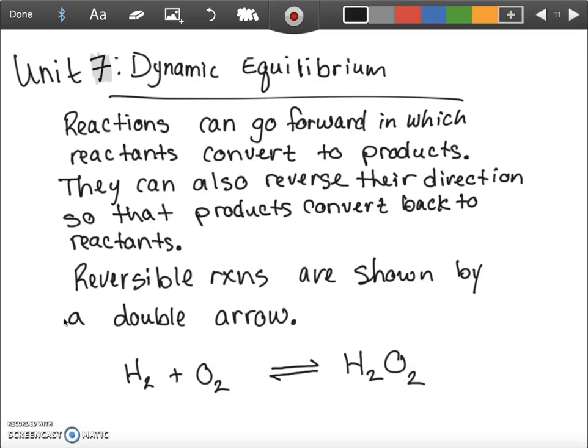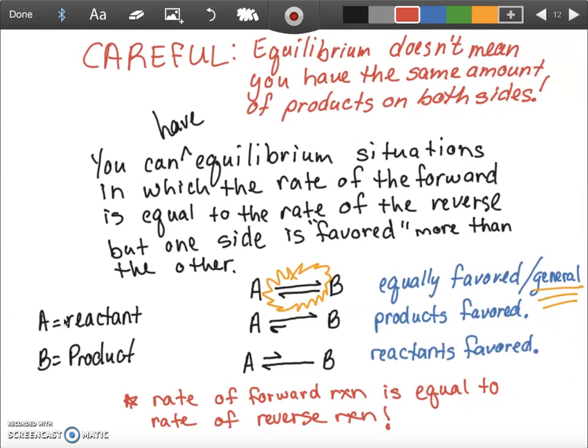And we indicate reversible reactions with a double-headed arrow looking like this right here, to show that there is a forward and reverse reaction. And again, please be careful. Equilibrium does not mean that you have the same amount of product and reactant on both sides.